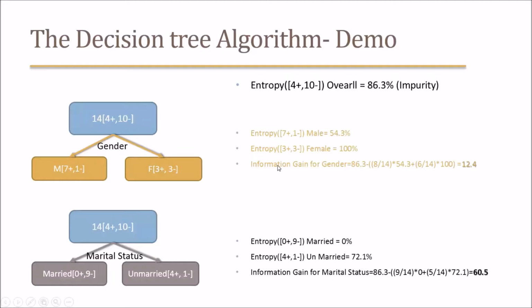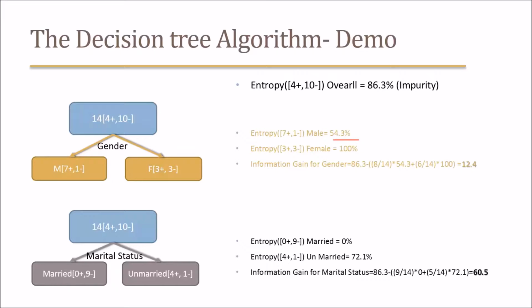Now the information gain for gender is the entropy before the split, the impurity before the split, that is 86%, minus the entropy after the split. So the weighted average is 8 divided by 14 times 54, that is the individual node entropy and the node weightage.